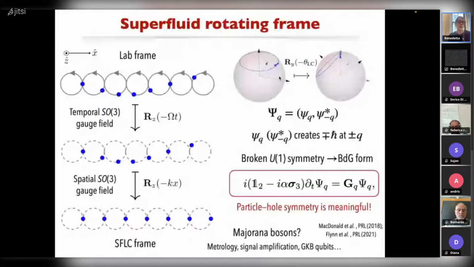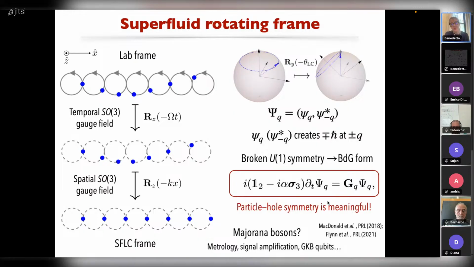Since this state is now explicitly breaking U1 symmetry, we really need to call these two fields particles and holes, and it's just more convenient to think about them as particle and hole that create an excitation that is H bar or an excitation that is minus H bar.